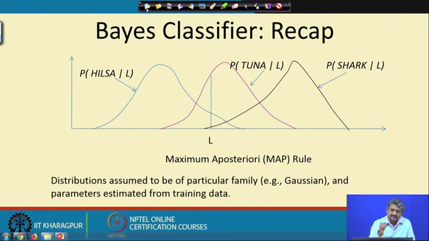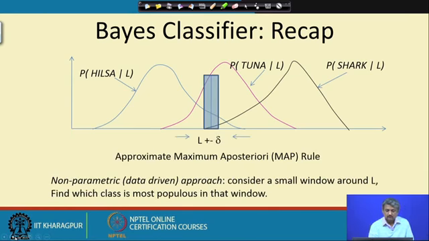So, let me explain how to do that. Suppose I want to find out the class of a fish of length L. I want to know which class a new fish of length L belongs to.